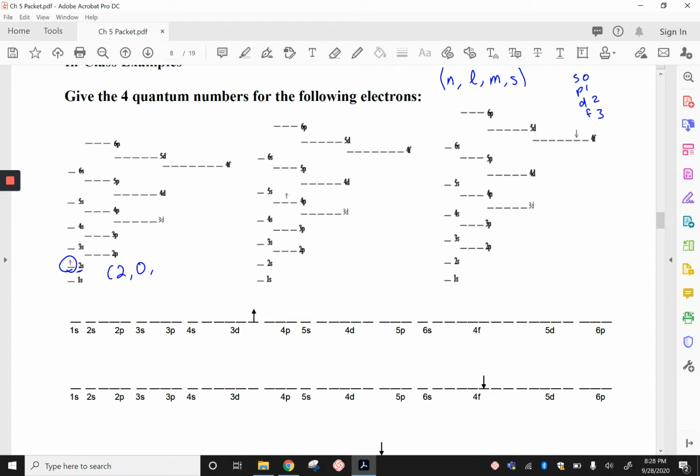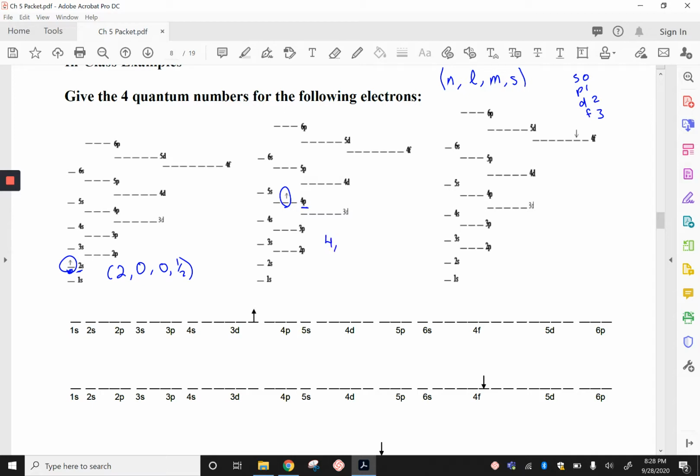The next quantum number is the orbital. Remember, we number the orbitals as if it's a number line, so the middle one gets a 0. There's only a middle one there, so our only option is 0. And then finally, the spin. This one's looking up, so it'd be +1/2. Let's try the next one. Energy level, it's in the 4th energy level.